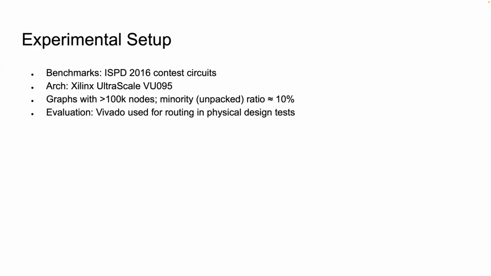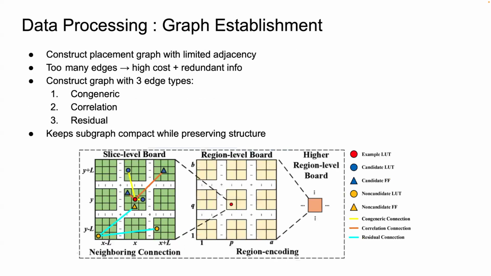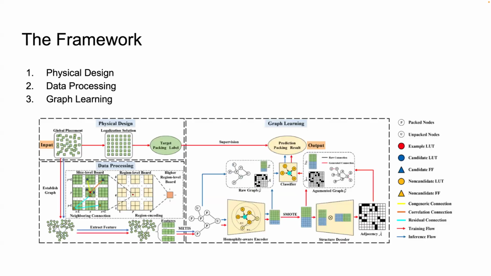Where's the inference in this? Let me go through that quickly. That was training, I assume. Yeah, here the blue line is the inference and the red line is the training one. As I mentioned, this picture explains nearly everything about the paper. Given a global placement, they establish the graph and extract features, and then using Metis partition the graph. Oh, so they do the partitioning in inference as well?